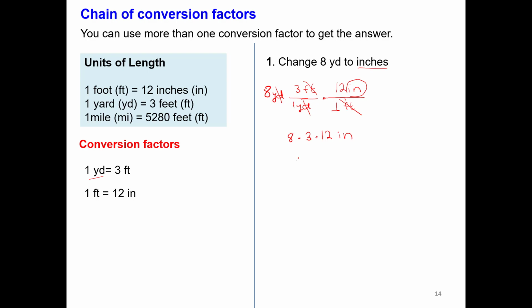Here we have 288 inches. Finally we can say 8 yards equals 288 inches.